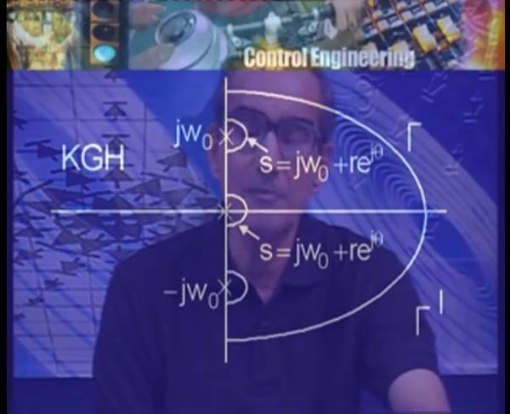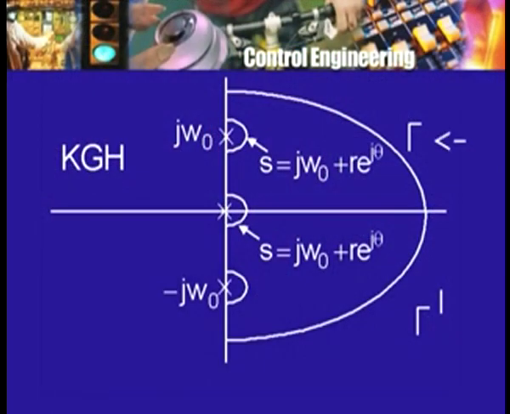So, I have to keep that in mind. These are the three important considerations you should not forget. First is the proper choice of the contour gamma. The second is the proper orientation or sense of gamma and gamma prime, and properly comparing the two as to whether gamma prime is in the same sense as gamma or not. Third is any right half plane poles of GH must be considered.